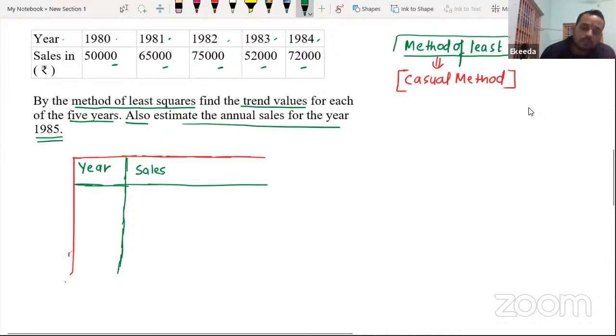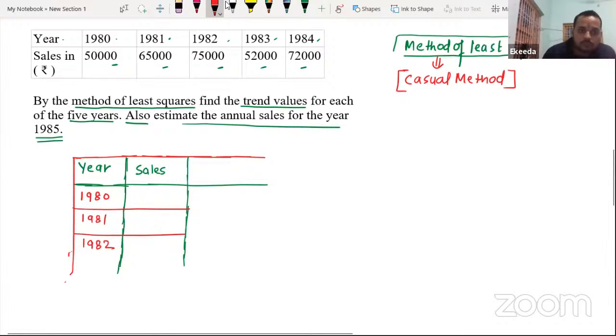So we have been given this information, year versus sales data: 1980, 1981, 1982, 1983, and 1984. So we have written the data.